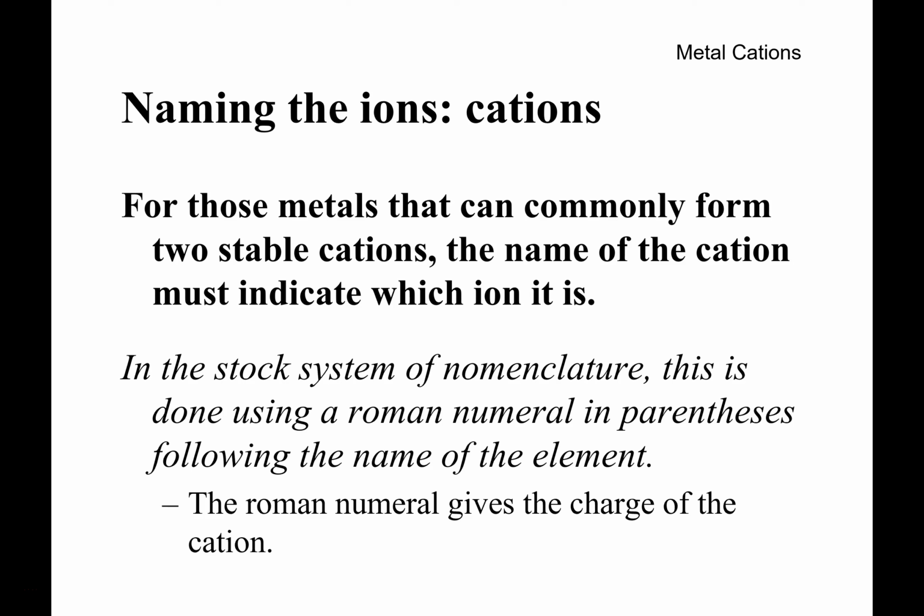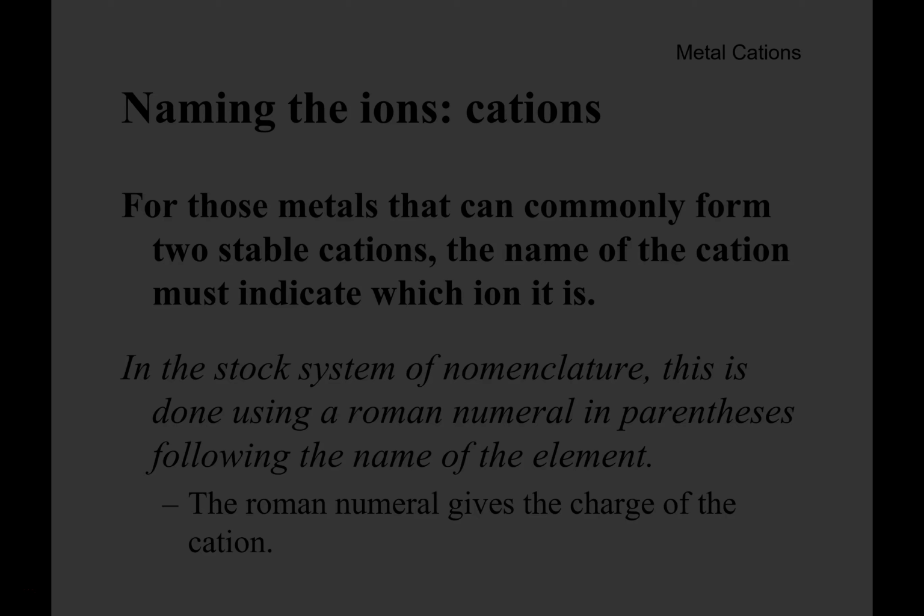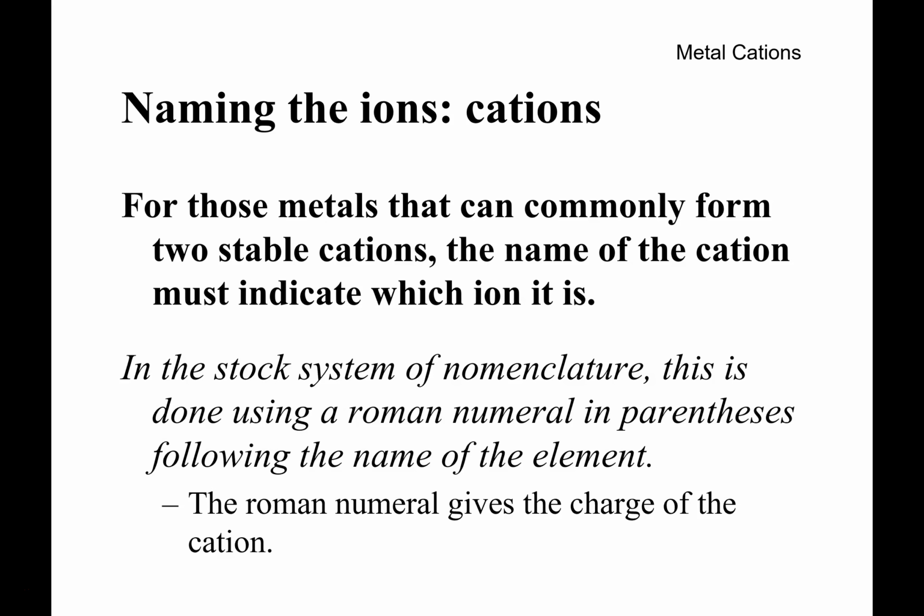So we have two options. Do you have a sheet that looks like this? No, this one. Yep, thank you. Very good. So we're going to go with this one, but some people who have already been exposed to how to name ionic compounds already have these in their mind.